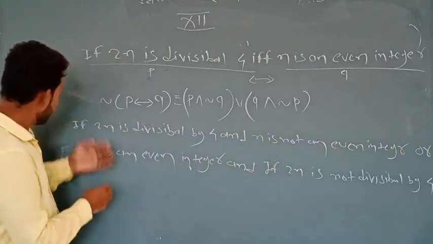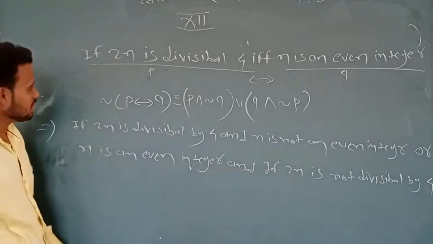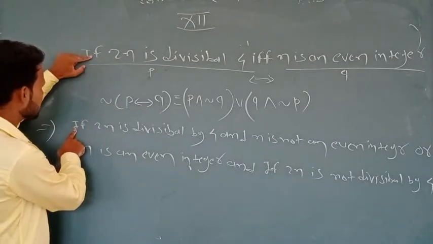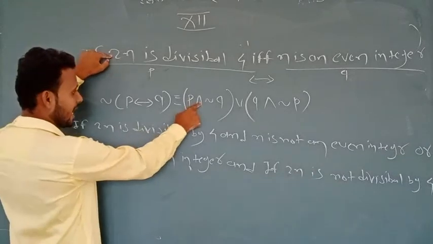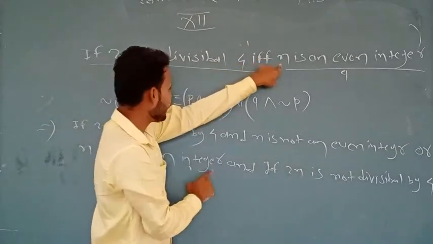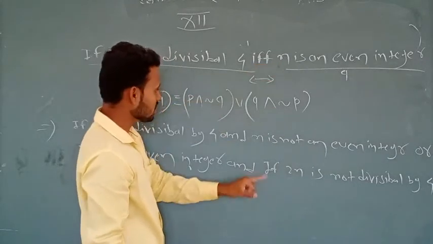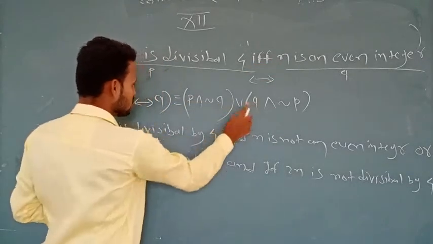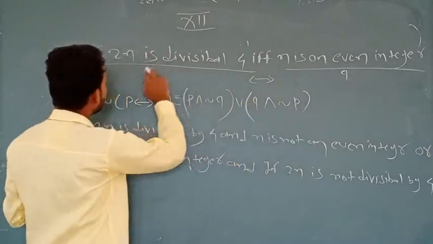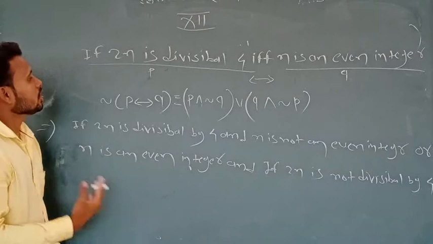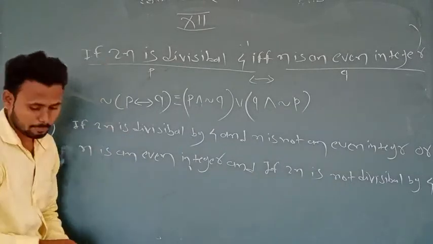Therefore the required negation of the given compound statement is: 2n is divisible by 4 and n is not an even integer, or n is an even integer and 2n is not divisible by 4.